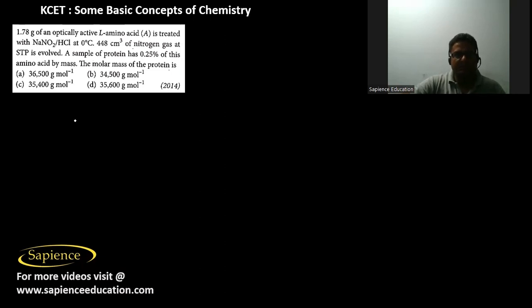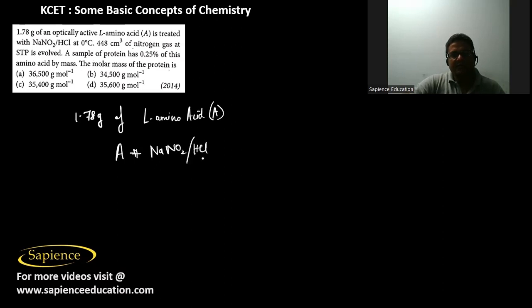So here it is told that 1.78 gram of an optically active L amino acid A is treated with NaNO2 HCl at 0 degree Celsius and N2 gas is obtained at STP.